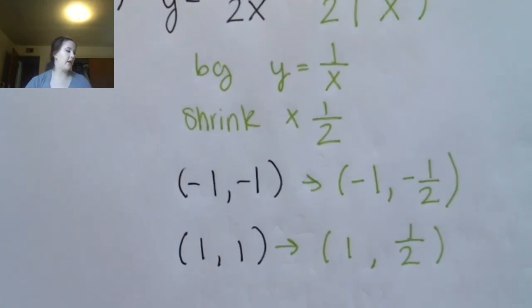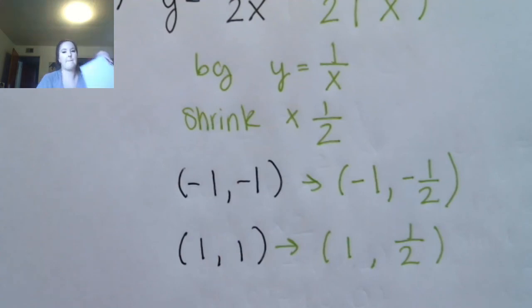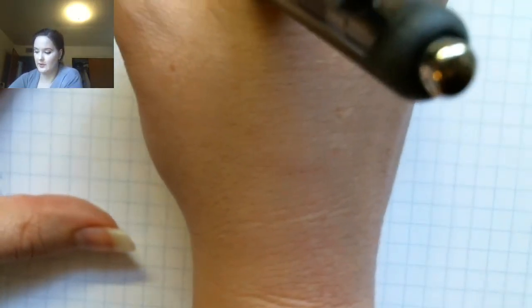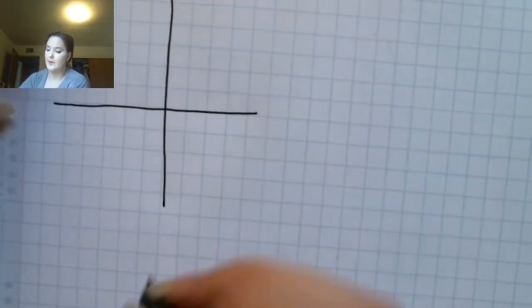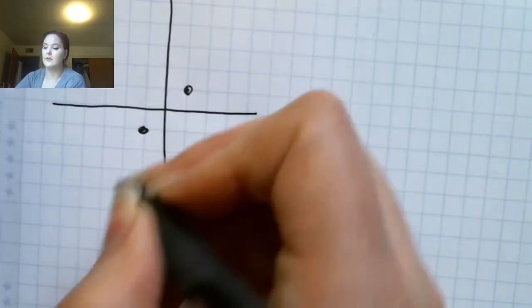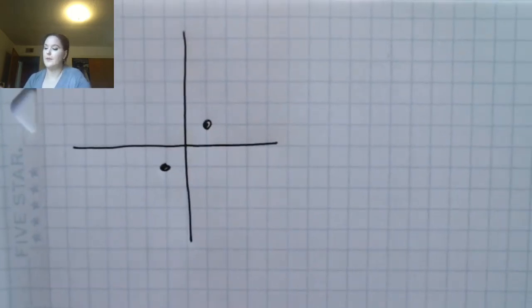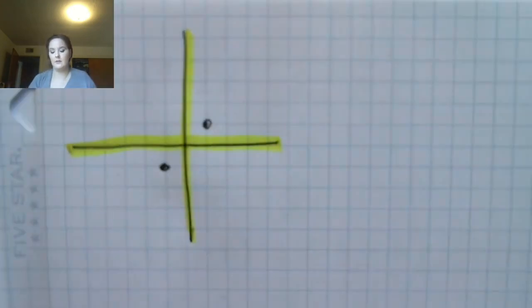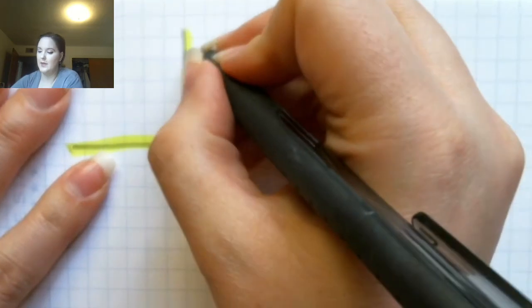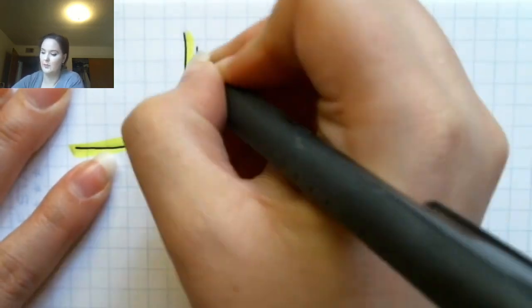So let's look at what the graph would look like. We'll do side by side of base graph and transformation again. My base graph has these key points and these key features, and I know that my base graph has this shape.